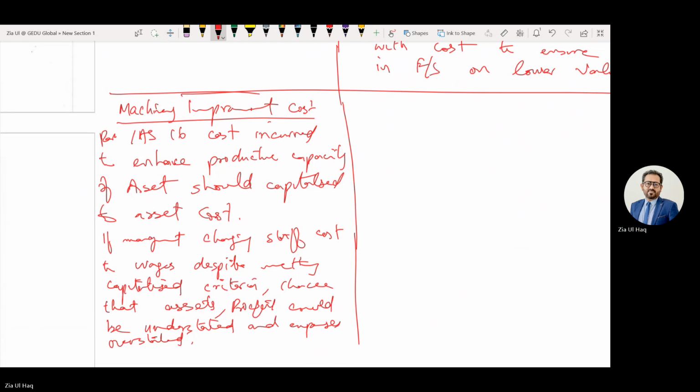How can we verify this, whether they are meeting capitalized criteria or not? How can we check that, whether they are meeting capitalized criteria or not? Review payroll records.